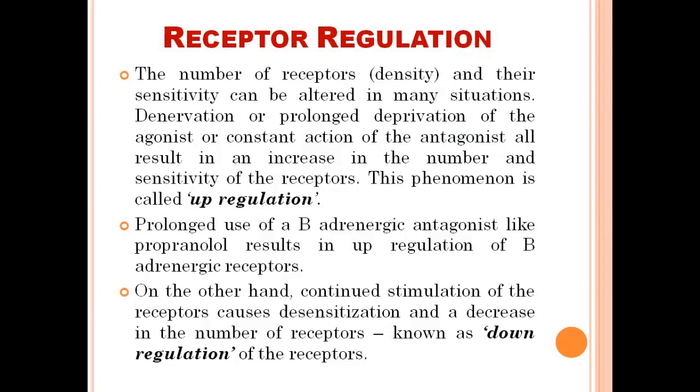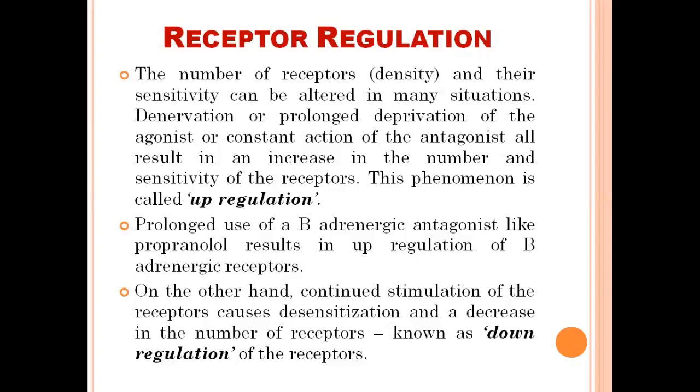An increase in the number and sensitivity of the receptors. This phenomenon is called upregulation. Prolonged use of beta-adrenergic antagonists like propranolol results in upregulation of beta-adrenergic receptors.